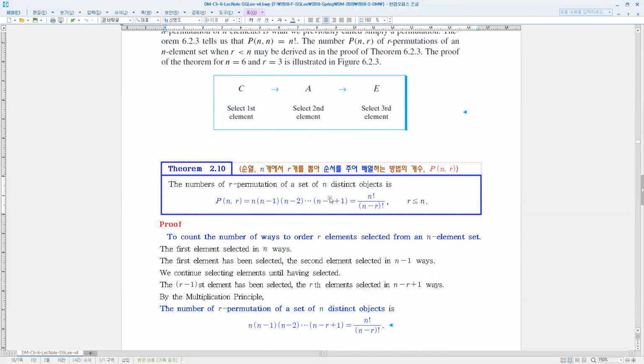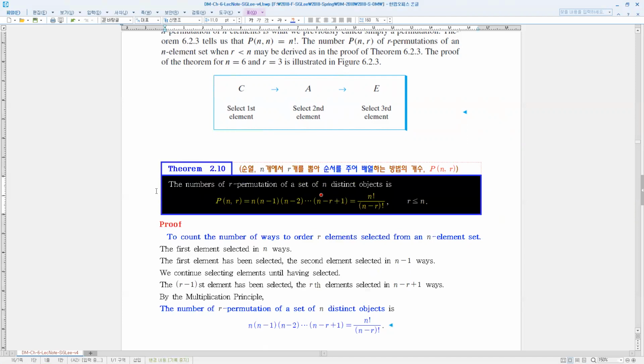And then the R-th term has n minus R plus 1 choices. Then the product of all this by the multiplication rule gives us P of n and R. So this can be rewritten as n factorial over n minus R factorial.